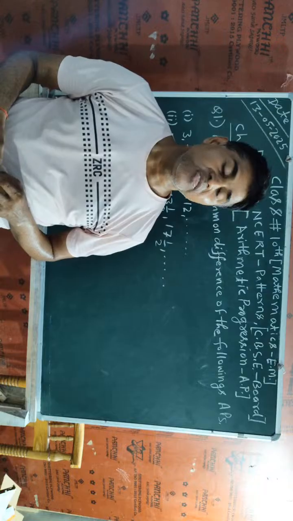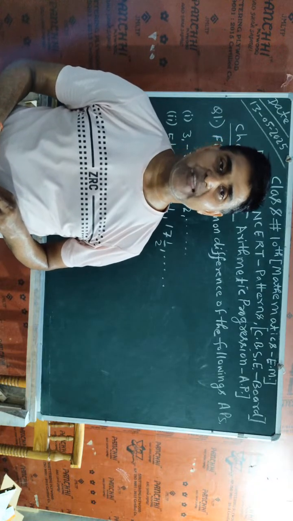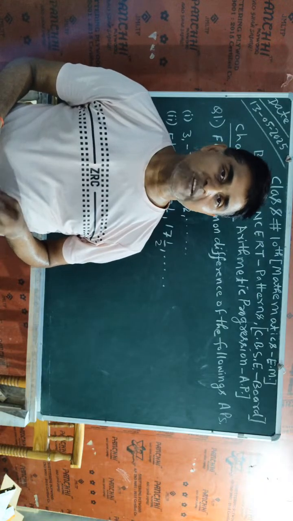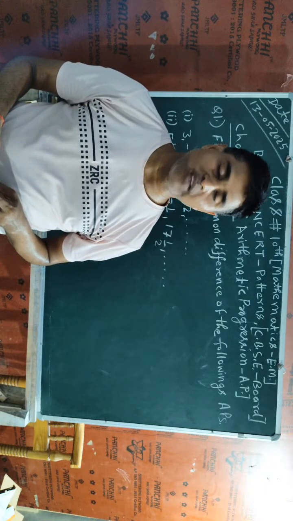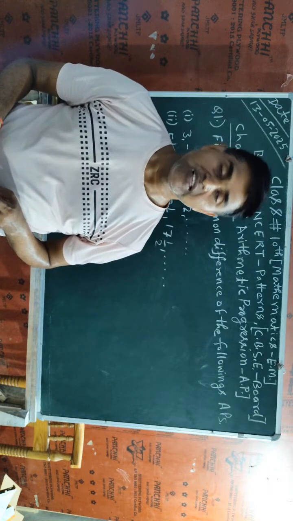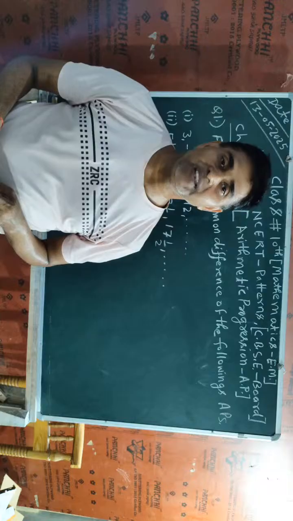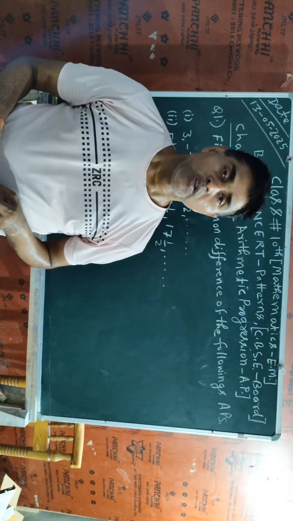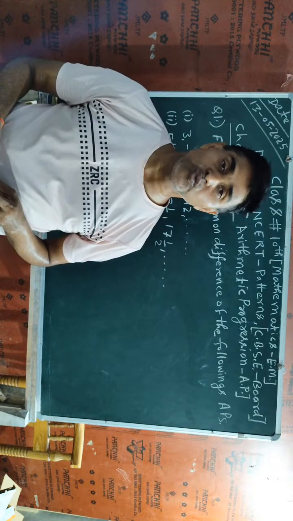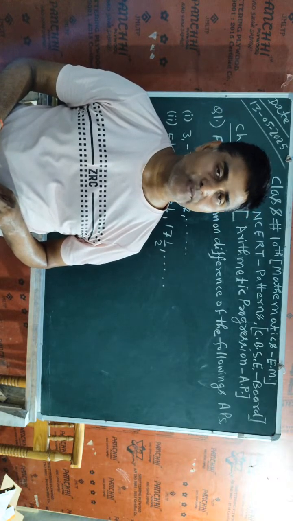Now further I am going to explain the concept of arithmetic progression, which is very simple. An arithmetic progression is a list of numbers in which each term can be obtained by adding a fixed number to the preceding number, except the first term.